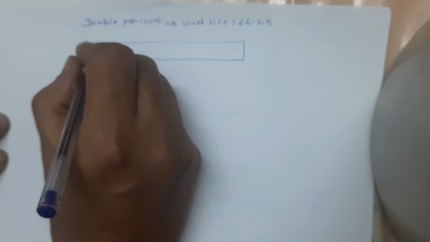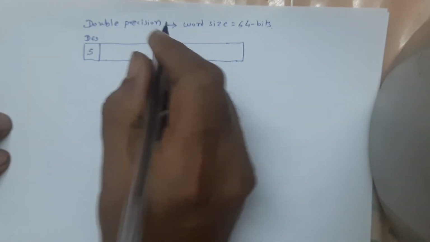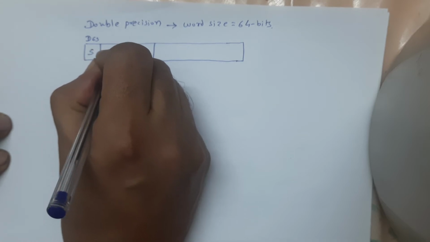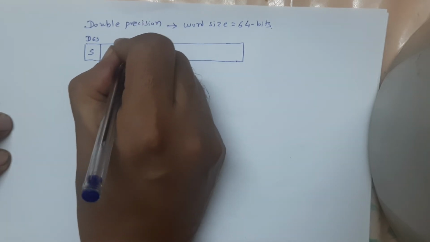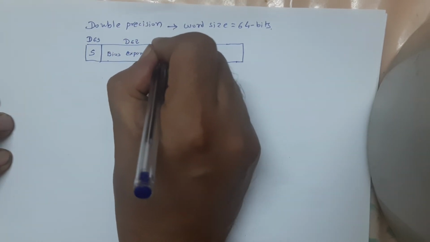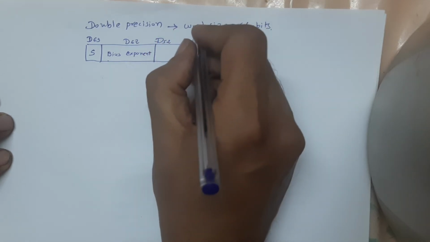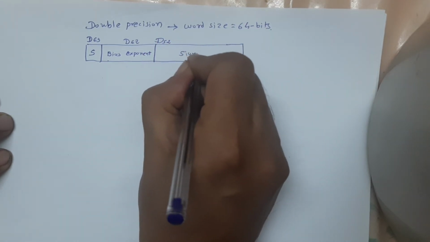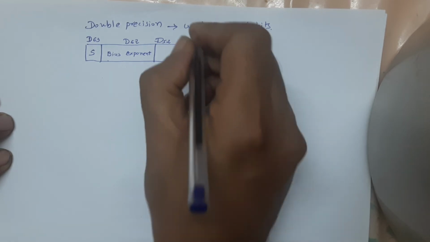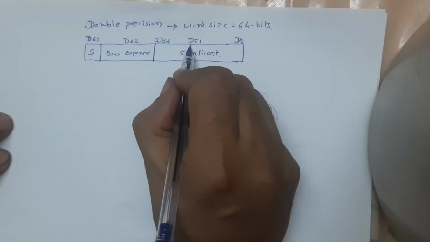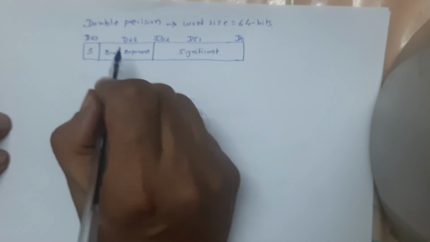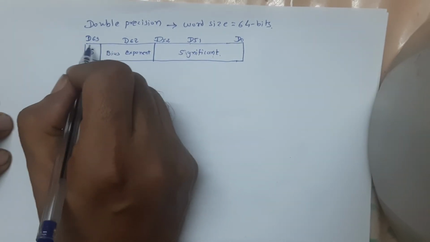First one is the sign. Position is D63. Second one is the bias exponent, D62 to D52. And the last one is the significand, D51 to D0. So D0 to D51 is the significand, D52 to D62 is the bias exponent, and D63 shows the sign.